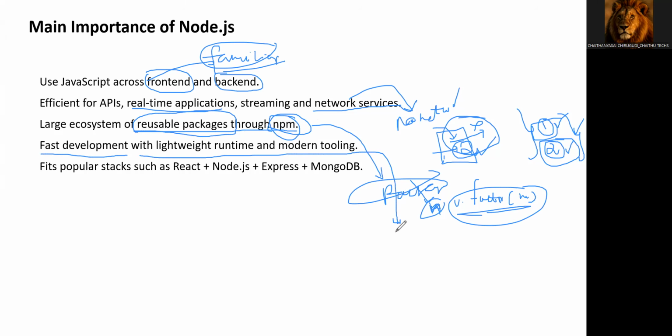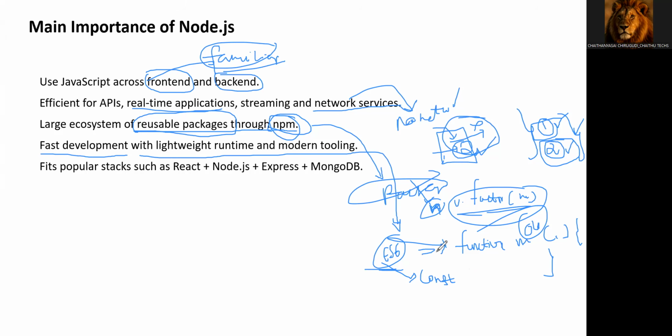Modern tooling means it supports ES6 modules. ES6 means that in olden days, or in previous coding languages, we write functions as the function keyword, function name, parameters, and curly braces. This is the old version. By using ES6, we can directly assign it to a variable without a function name.